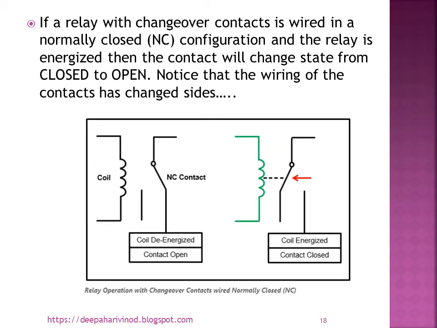If the relay with a changeover contact is wired in a normally closed configuration and the relay is energized, the contact will change state from closed to open. In the first case, it is just the reverse of whatever we discussed in the previous slide. Here it is a normally closed contact and this one is open.